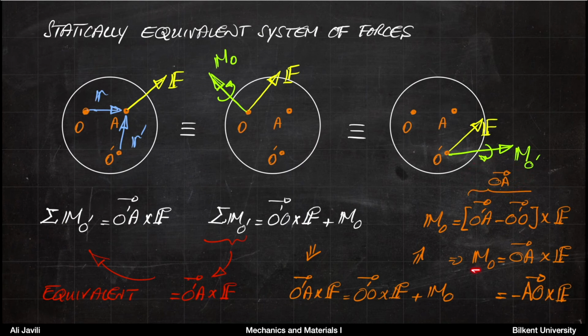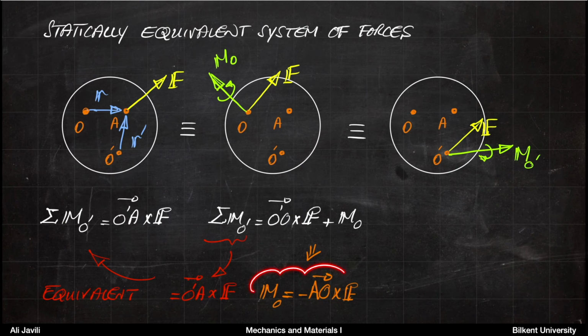So essentially, from this slide, we can see that MO is OA times F. So this is the moment that we need to add to keep the two systems equivalent. Or we can say this is minus AO times F. So keep that in mind. Essentially, from this slide, we learned that MO is minus AO times F.